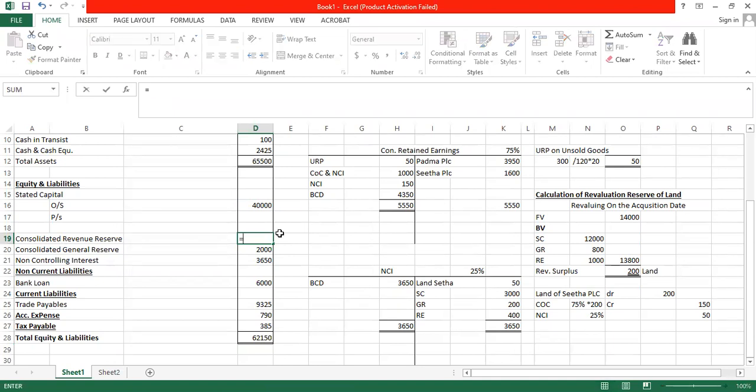Consolidated revenue reserve balance, there is a difference, 1,000 difference.